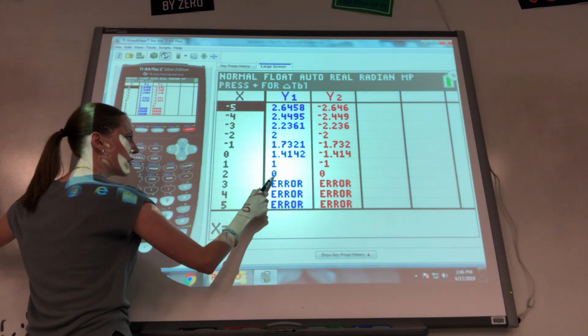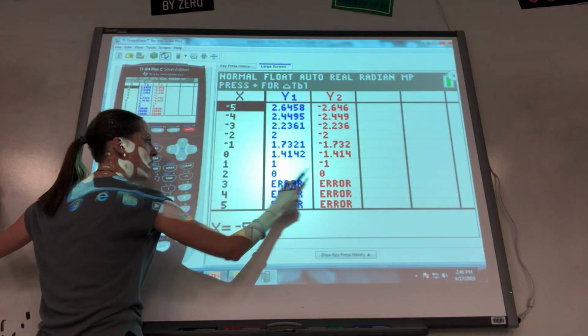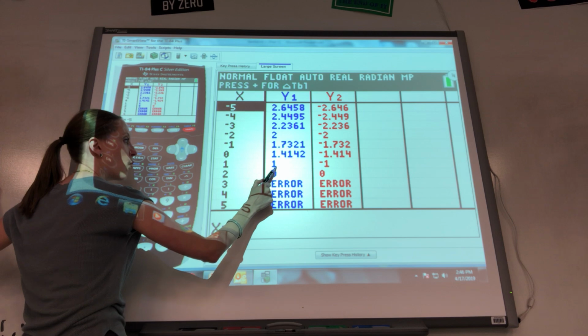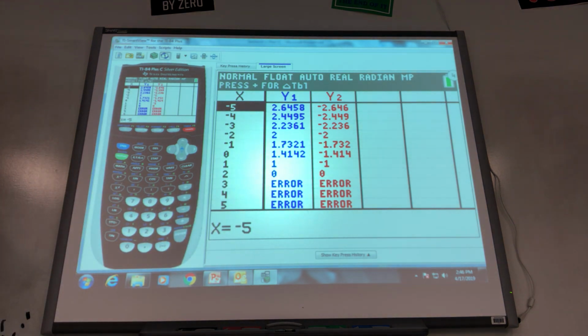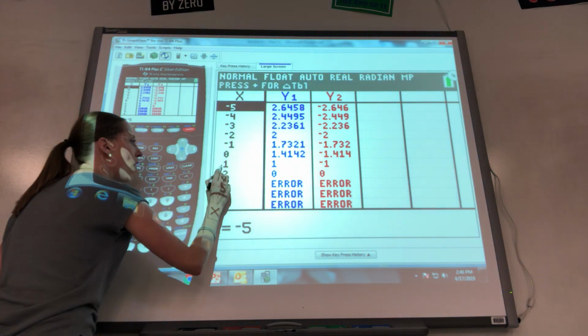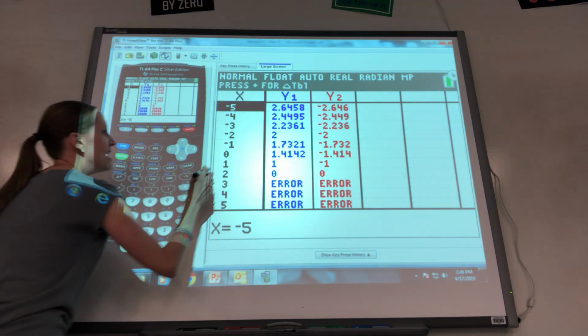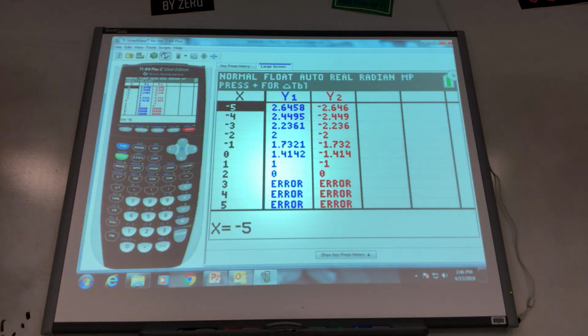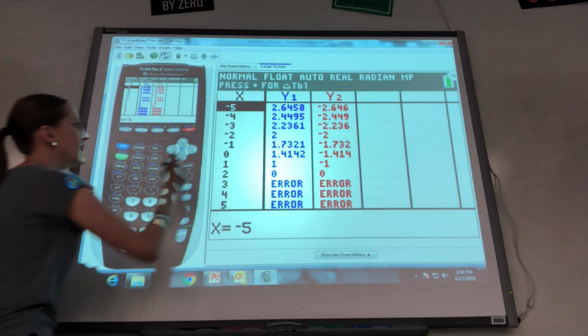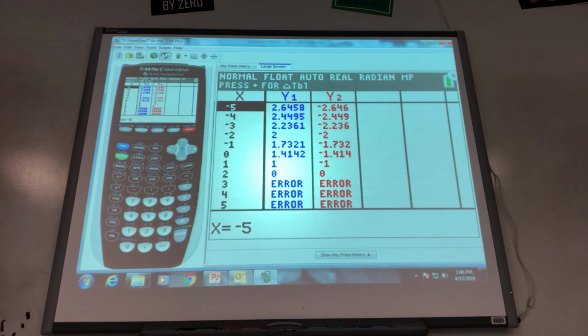My (2, 0) is already here, but (1, 1) is a nice point. (1, -1) is a nice point. (-2, 2) is a nice point. And (-2, -2), that's another nice point that I can put on my graph.